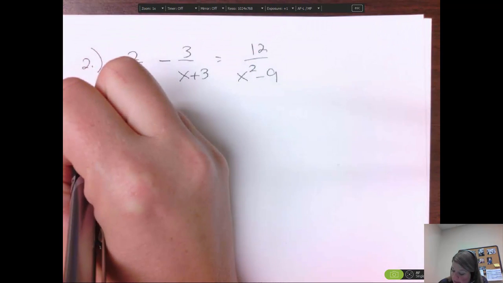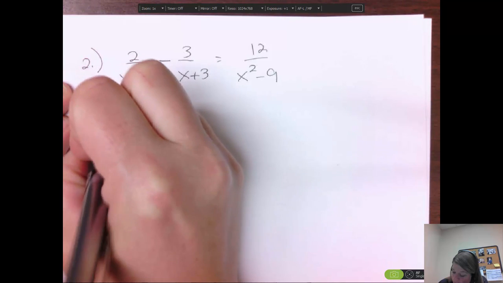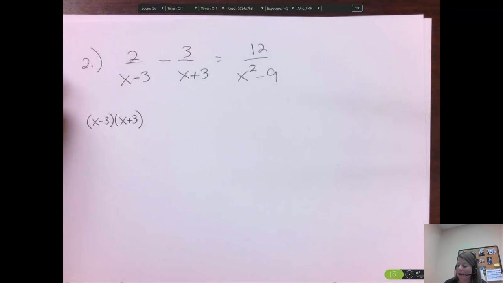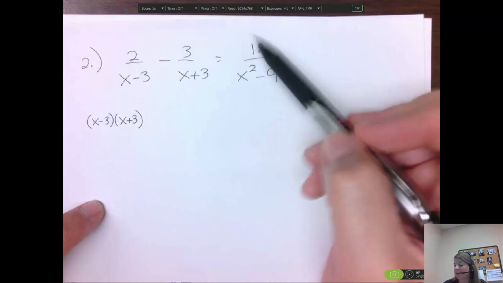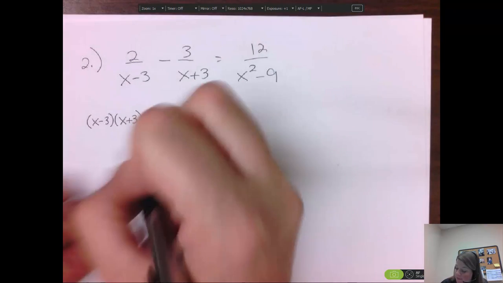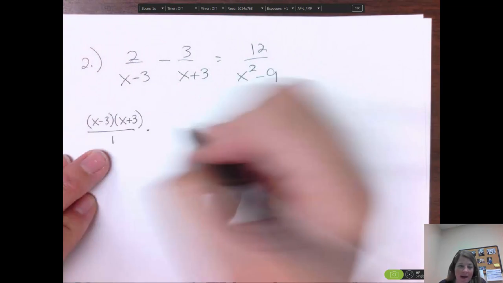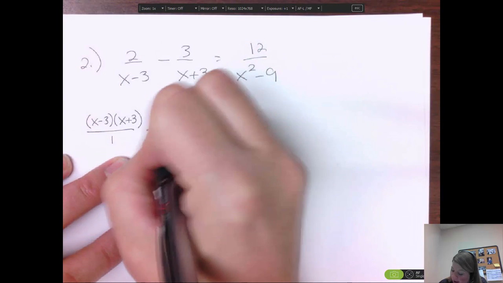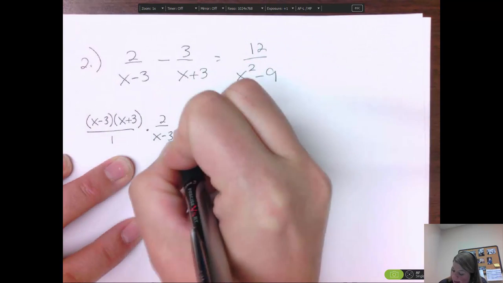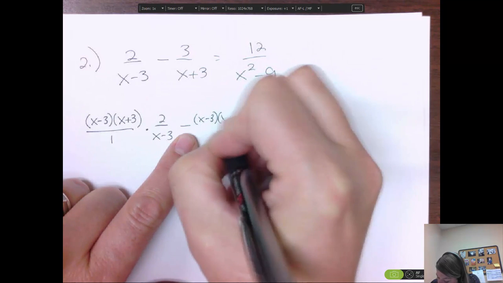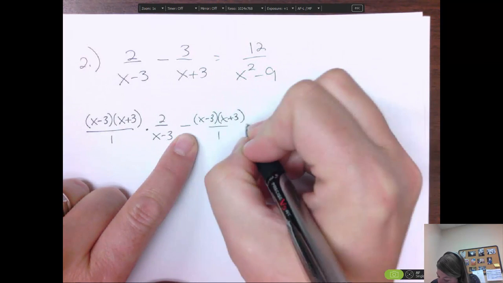So we're going to take x minus 3, x plus 3, and this is probably more writing than I would do if I'm doing it on my own, but I have to write it out pretty for you. So think of this, we're going to multiply by that common denominator over 1, however you want to think of it, times the first fraction, minus the x minus 3, x plus 3 over 1 times the second fraction.